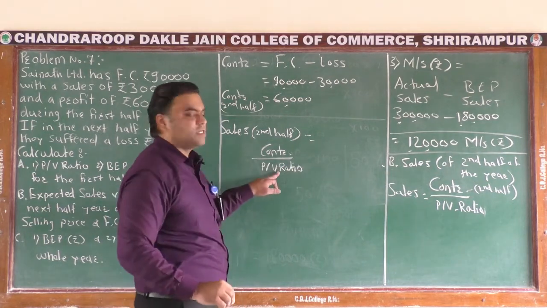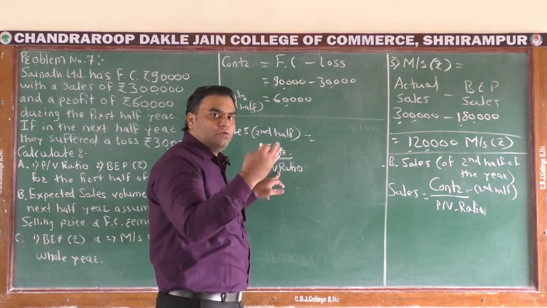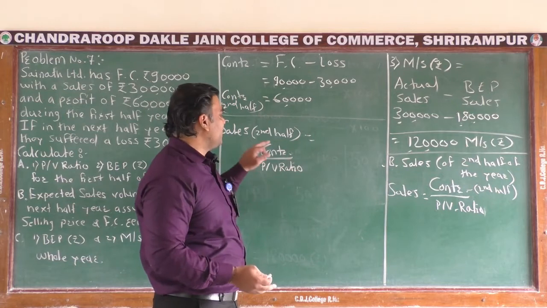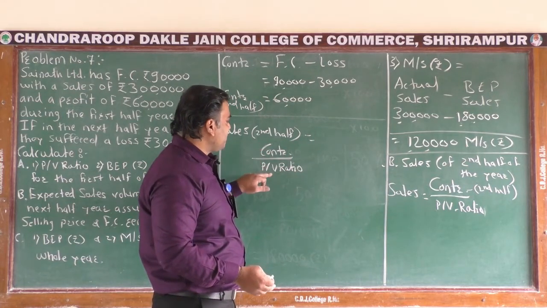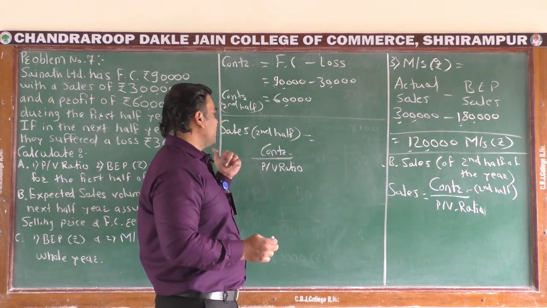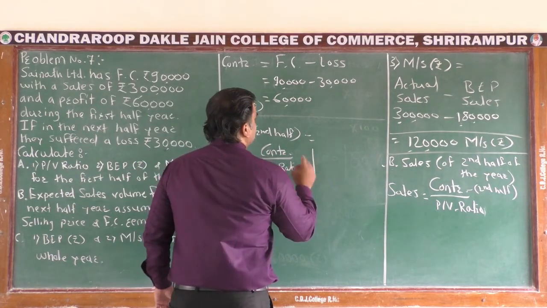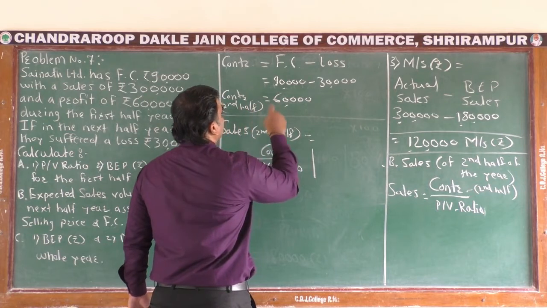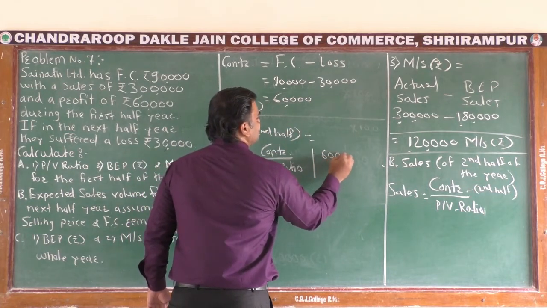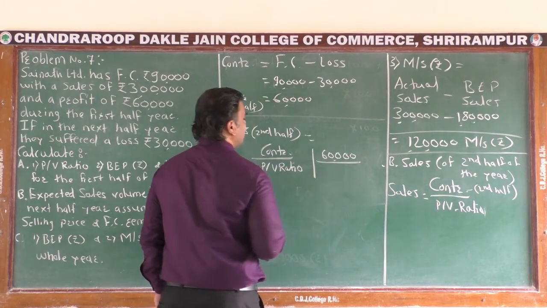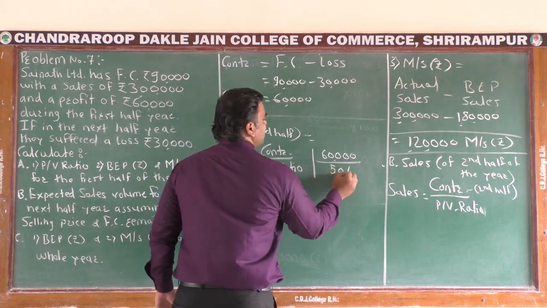So sales for the second half of the year is equal to contribution upon PV ratio. PV ratio tells us the percentage of contribution to sales. That's why whenever we divide contribution by PV ratio, we get the amount of sales. So 60,000 divided by PV ratio, which is 50%.